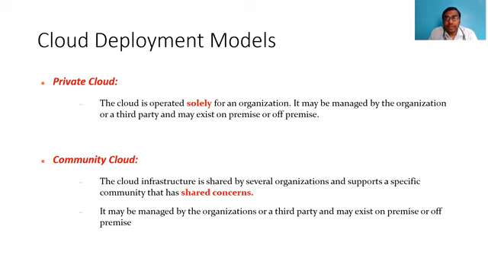Community cloud is a cloud infrastructure shared by several organizations, not like the private cloud. In community cloud, the infrastructure is shared by several companies or organizations and supports a specific community that has shared concerns. That is the advantage of community cloud.